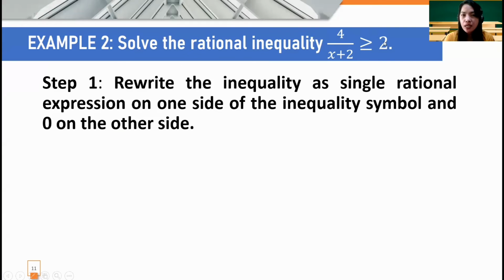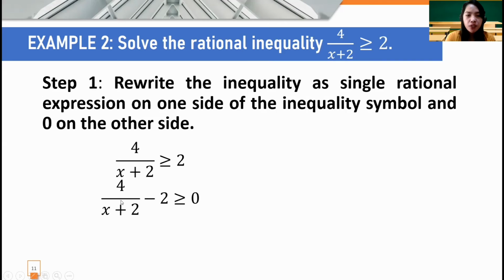So ang tanong, 0 na ba yung nasa right side ng inequality? No. We have to transpose positive 2 to the left side. So that will be 4 over x plus 2 minus 2 greater than or equal to 0. So ngayon, 0 na yung right side ng inequality.